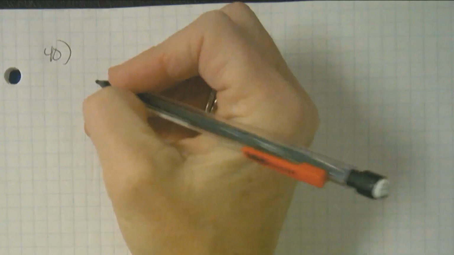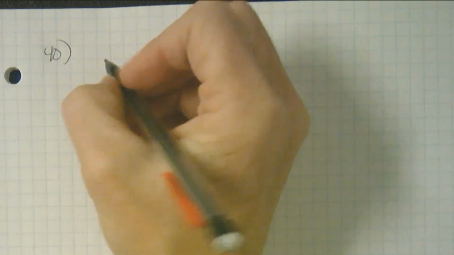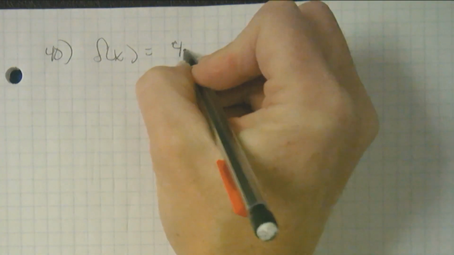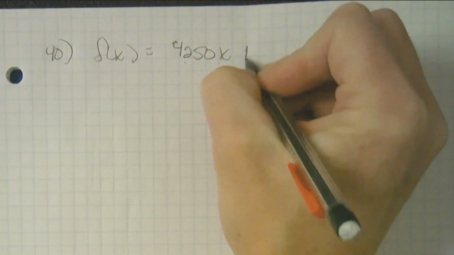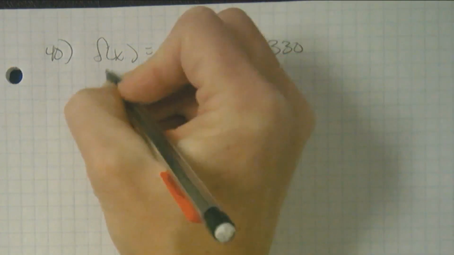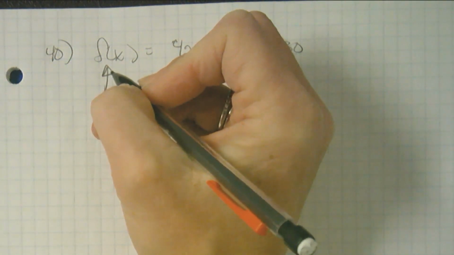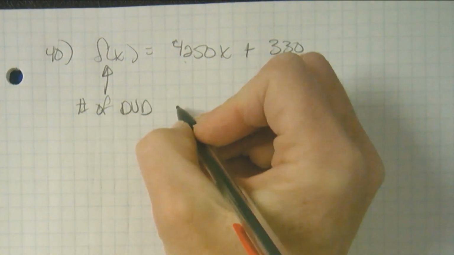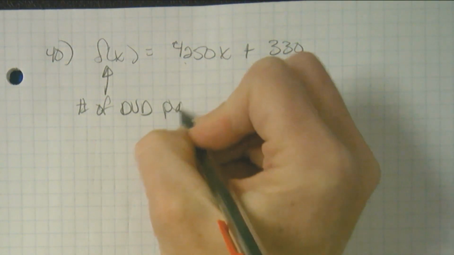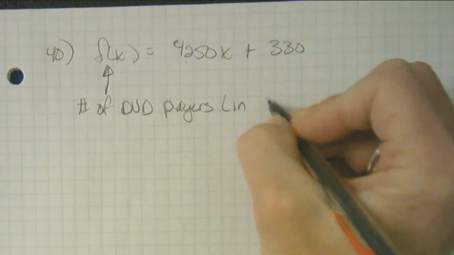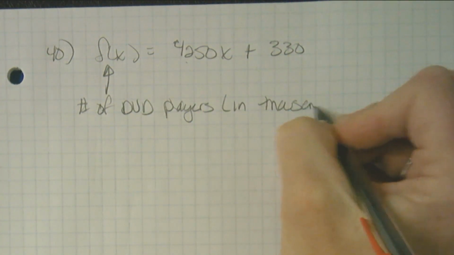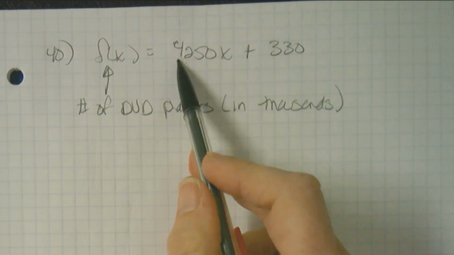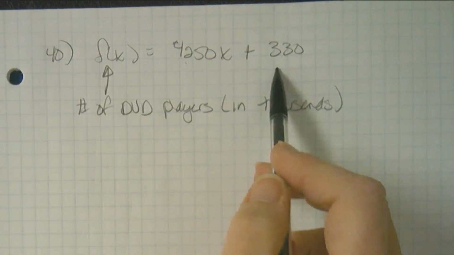All right, so in 40, we have f of x is equal to 4,250x plus 330. Well, f of x is the number of DVD players in thousands. So what this really means is 4,250,000 DVDs.